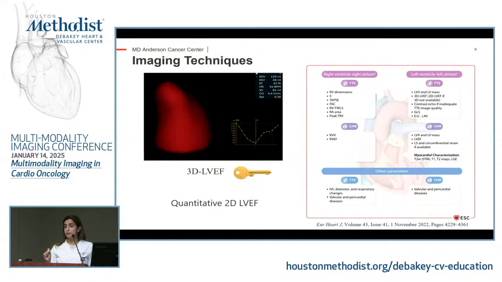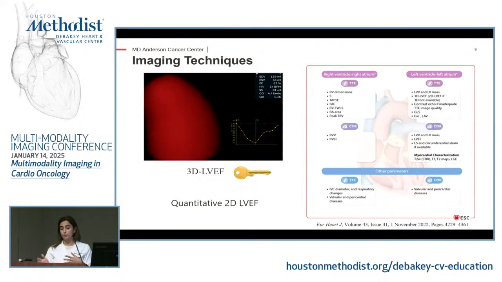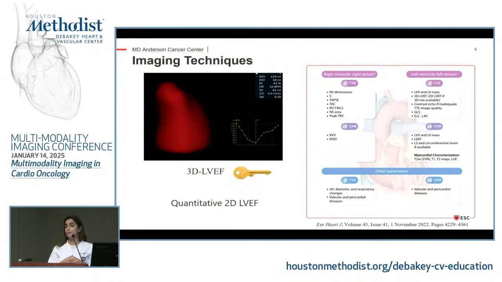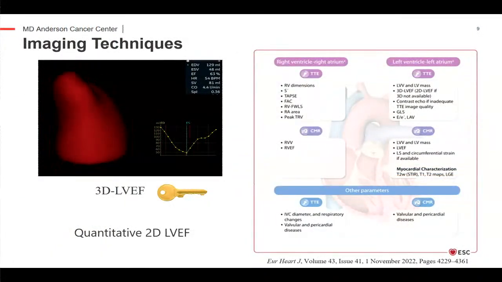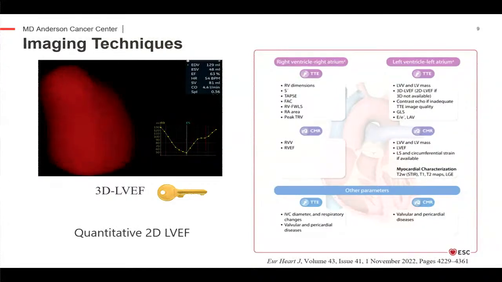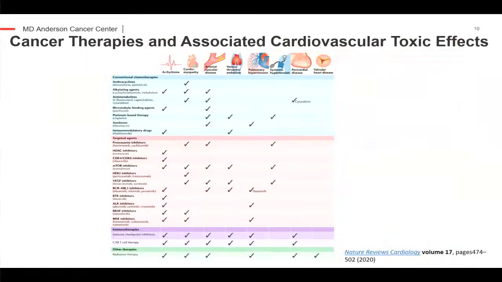If we're unable to do a 3D LVEF, the second recommendation, all our reports have 3D and 2D Simpson's biplane EFs, single value. We use echo contrast in order to improve the images. And in those cases where you do not have that ability, an MRI becomes key, and that becomes your modality to establish EF assessment and follow these patients.